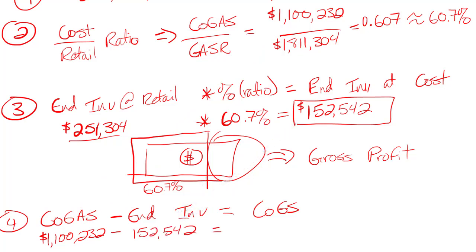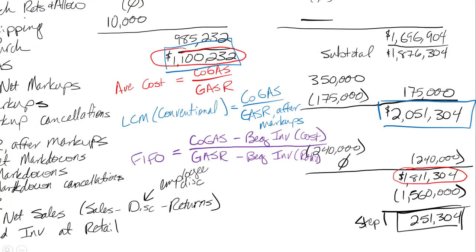So my cost of goods sold will be $947,890. I could go back to my table, and my sales value was $1,560,000. I can subtract out that $947,890 and give you gross profit. I've got everything I need. I can move forward with my income statement.